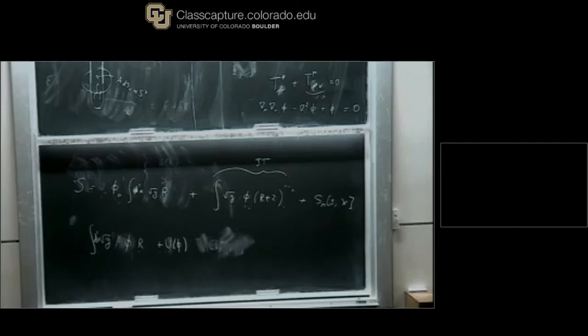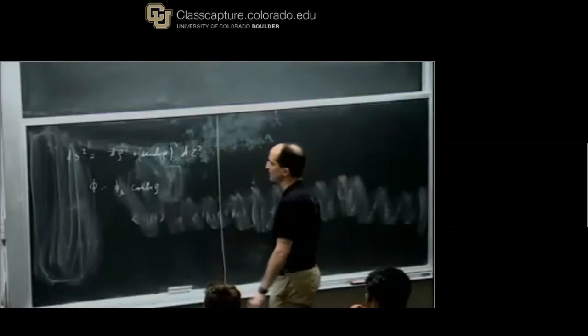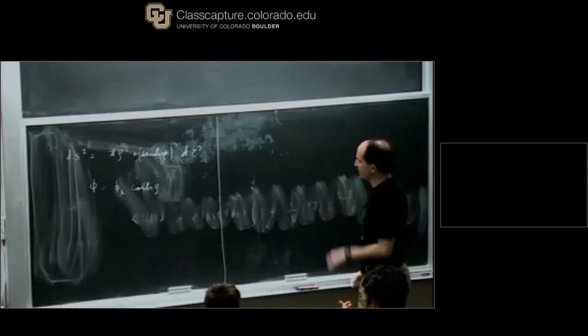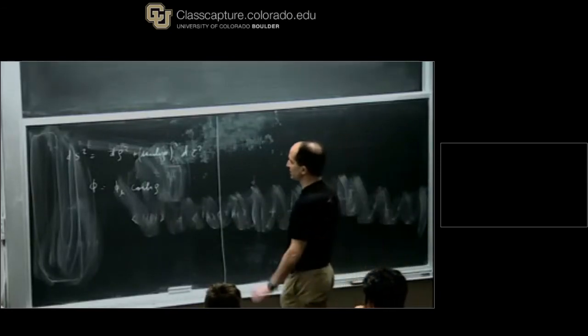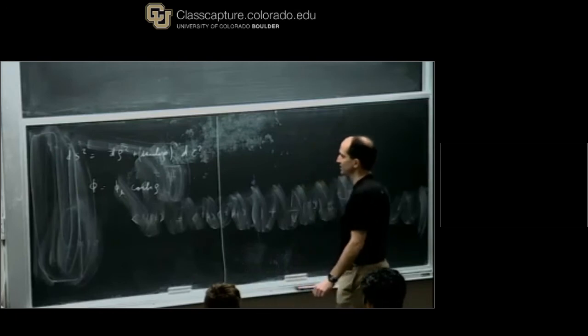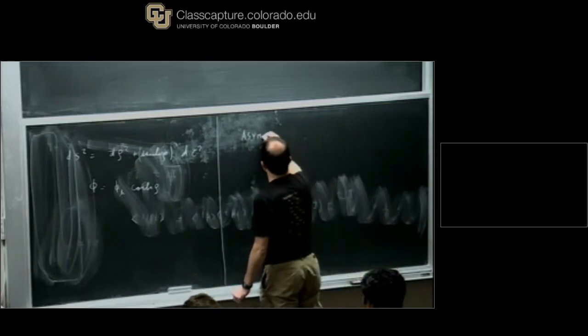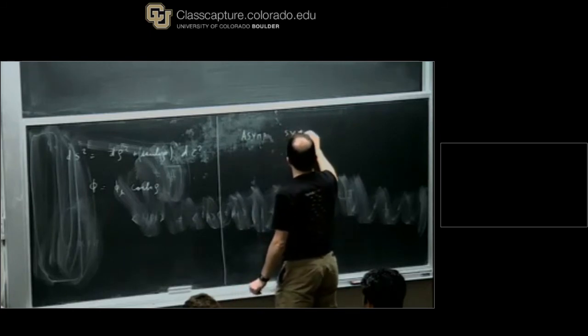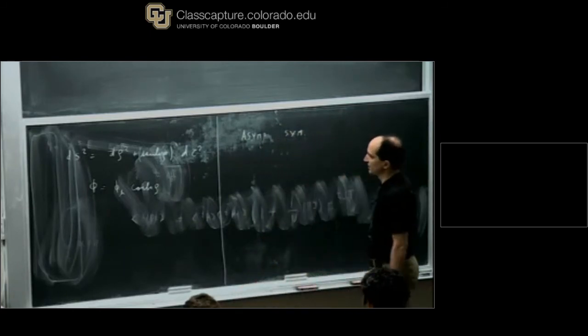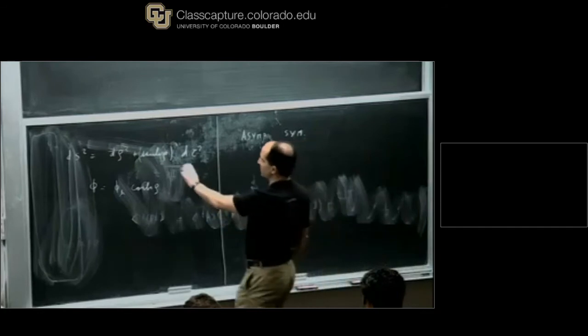Okay, so this is a straightforward analysis. Now we'll do a slightly more sophisticated analysis. We are going to ask ourselves what are the asymptotic symmetries of ADS2. And this makes some connection with other things. We'll resonate with some things.